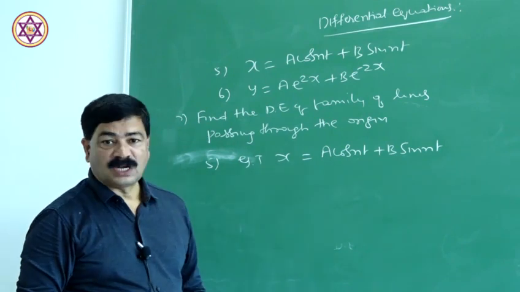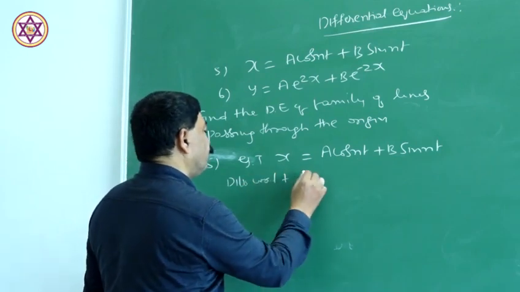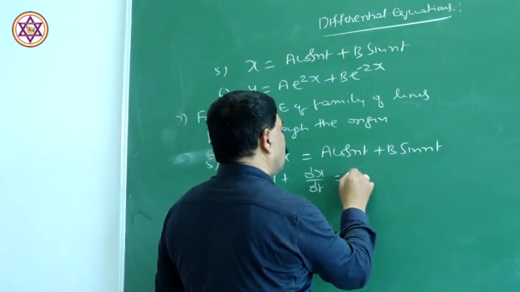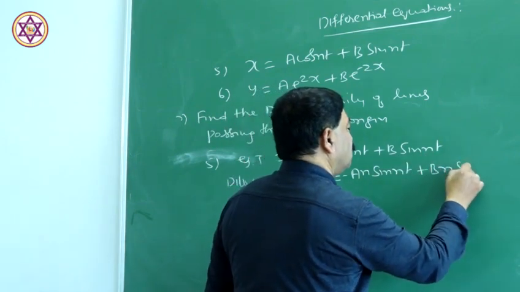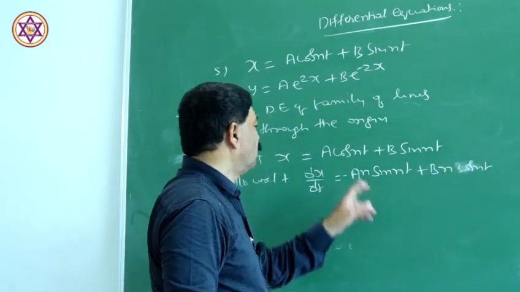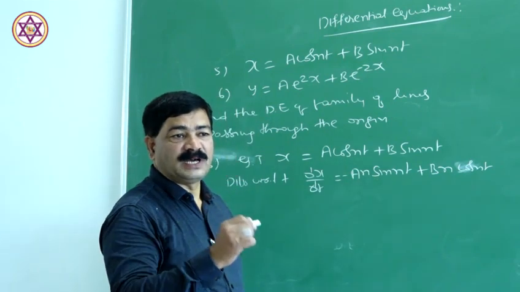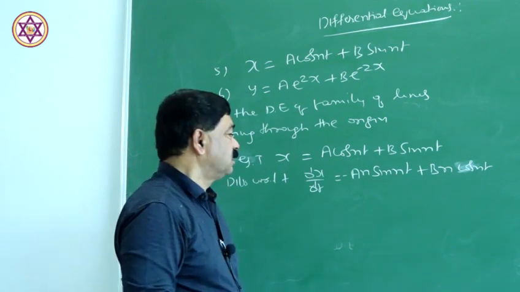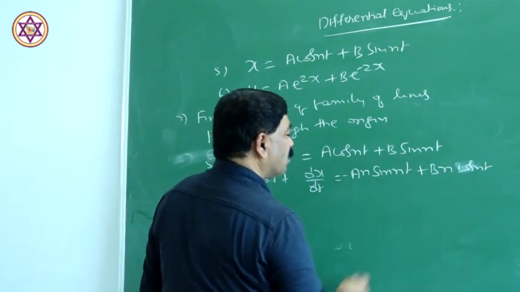So here x is a function of t, therefore, differentiate with respect to t. dx by dt: a cos nt gives minus n sin nt, and b sin nt gives n cos nt, because we know that the derivative of sin ax is a cos ax, and the derivative of cos ax is minus a sin ax.